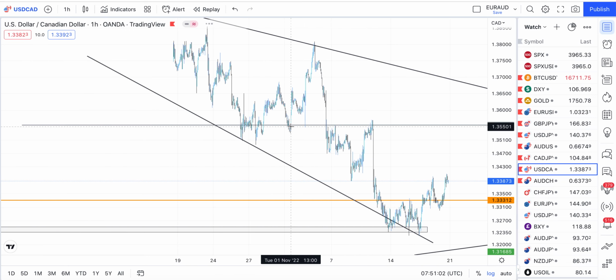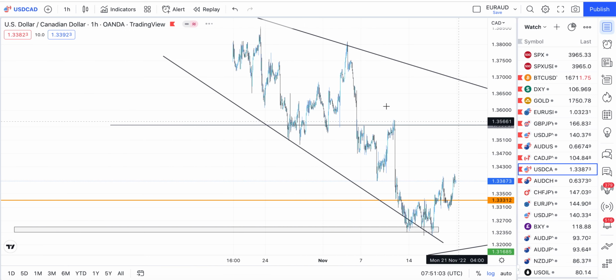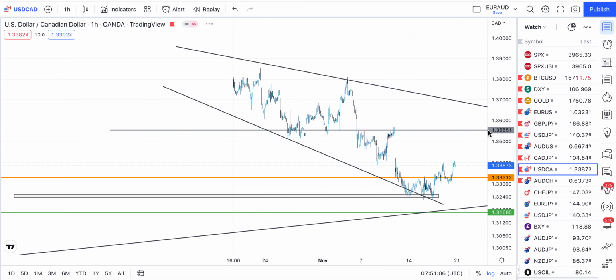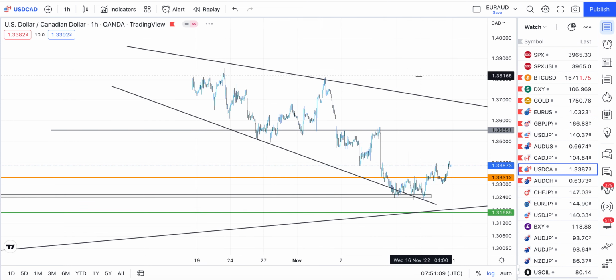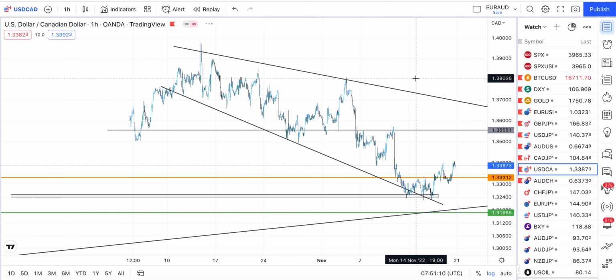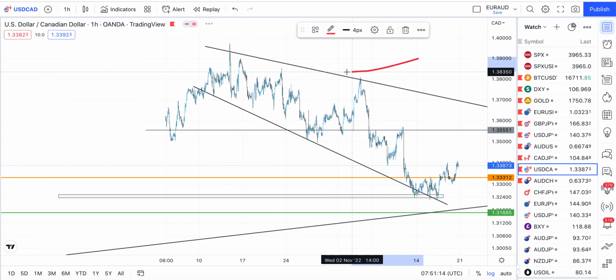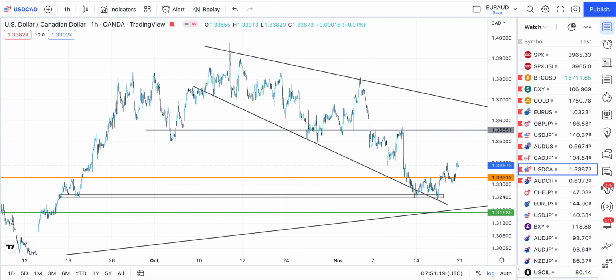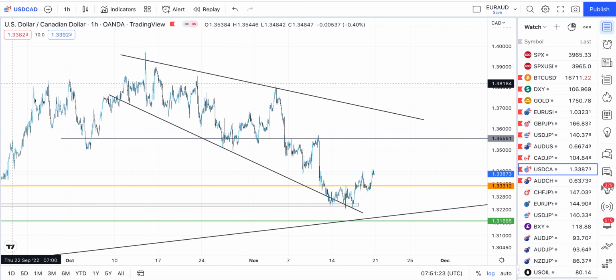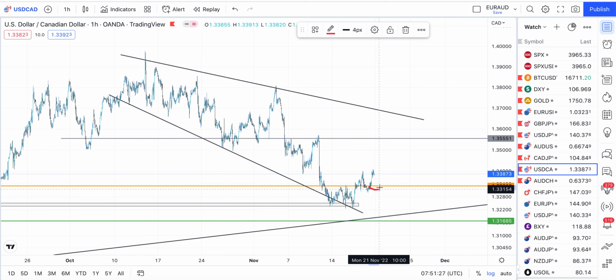Here too, we saw something similar, but there's another thing I want us to look at on the US dollar, Canadian dollar. We might see a retracement here. We break out this particular level to the upside, so we might see a retracement to this particular area and a rejection.